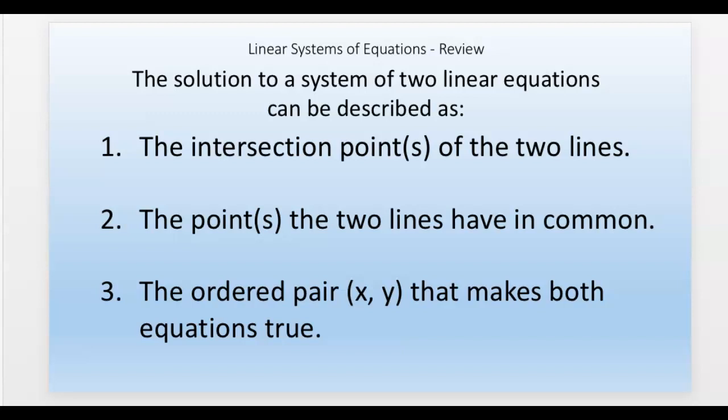Or, you can say it's the point that the two lines have in common. Another way to describe it is the ordered pair, the xy coordinate that makes both of the equations true.